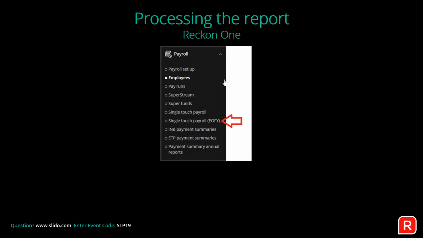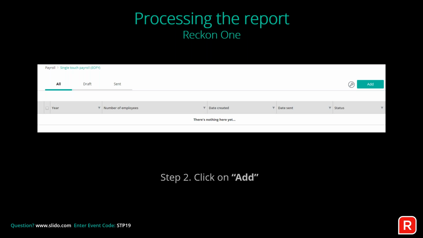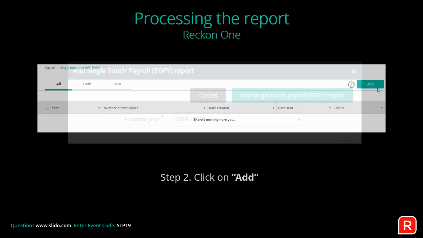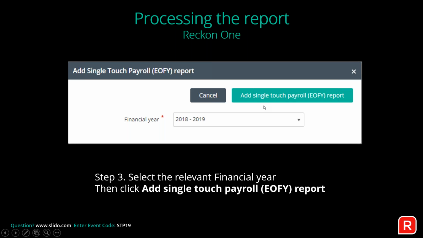With Reckon One, to finalize the year for STP, you go to the payroll menu and there's an option of single touch payroll end of financial year. Click on add on the right hand side, select which financial year you want to add, and then select add single touch payroll end of financial year report.